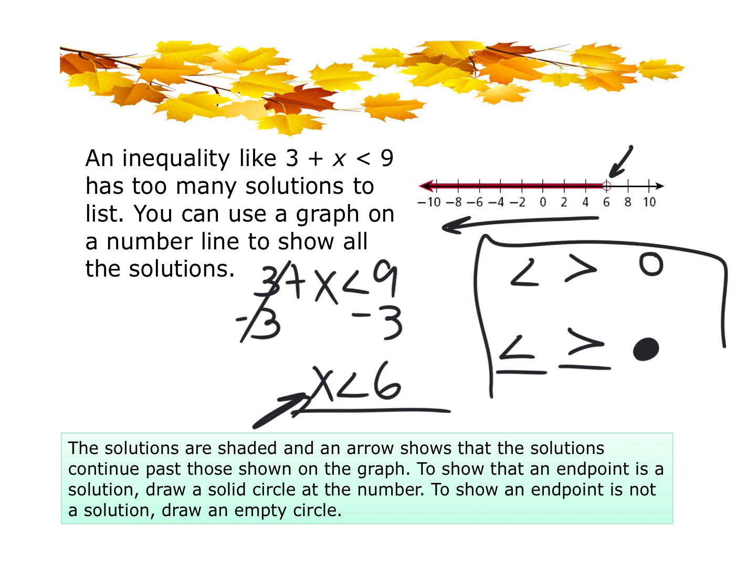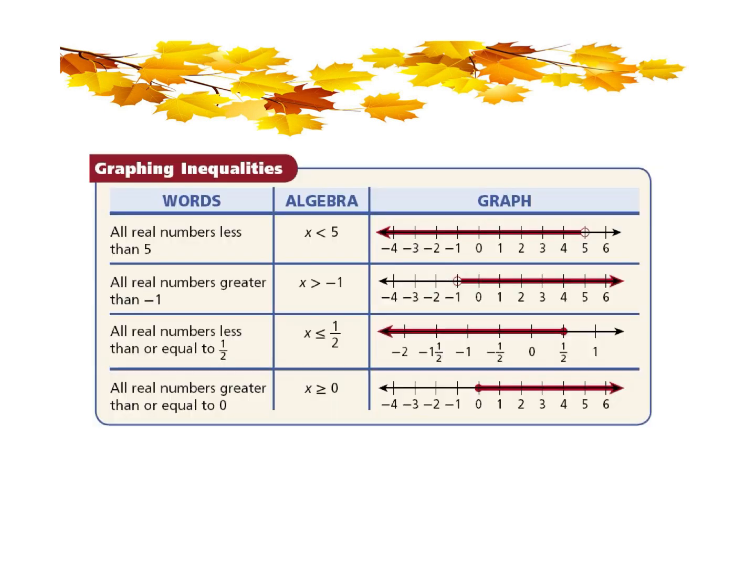If it's just greater than or less than, it's open, and if it's greater than or equal to, then it is closed. That is the whole thing that green statement says, what I just explained with those little drawings. This is just a way of saying how it's written in algebra form, and how to graph it.